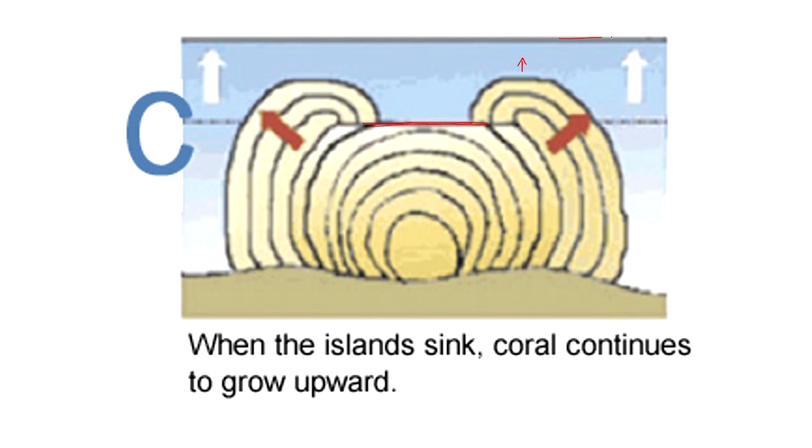Now it has gone up. That means the area has gone down, because it has subsided, or the sea level has gone up. So either we say subsidence or we say sea level rise.